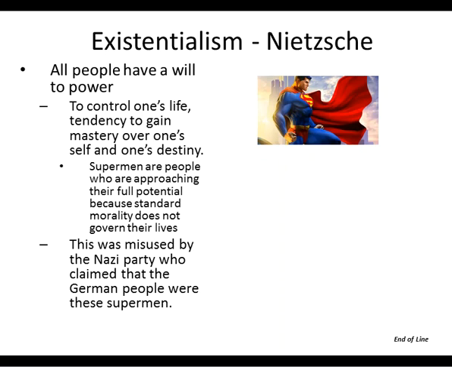Now, this idea of the superman was misused by the Nazi political party as they rose to power in Germany in the 30s, I believe. So they claimed that the German people were, in fact, the supermen, that they can reach as a society their fullest potential, and they don't have to follow the standard morality in order to accomplish that particular task.